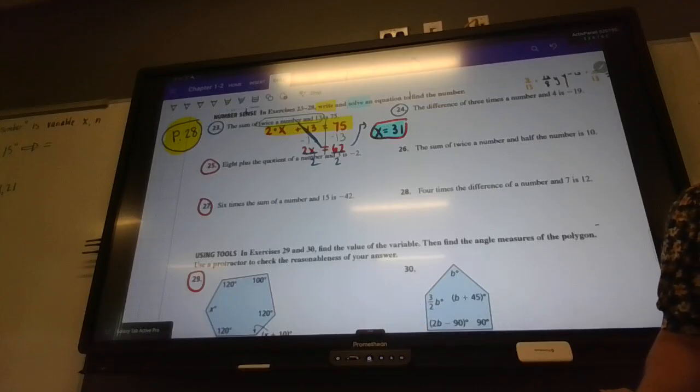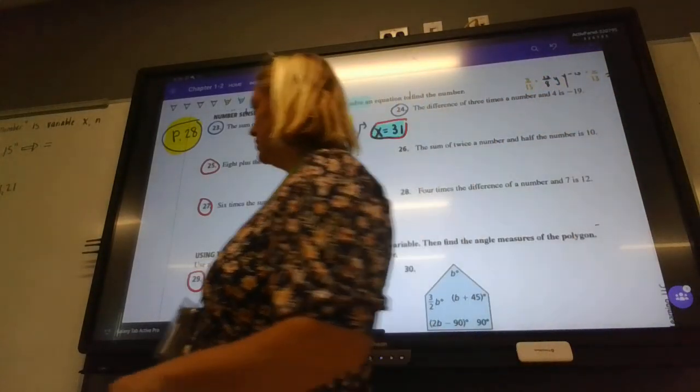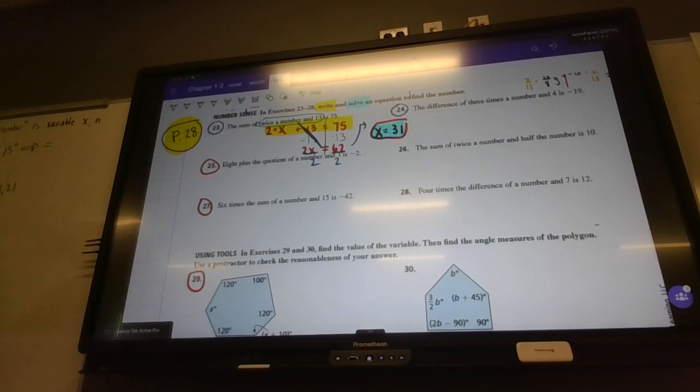8 plus the quotient of a number and 3 is -2. You guys know quotient? Oh, yeah, the quotient.